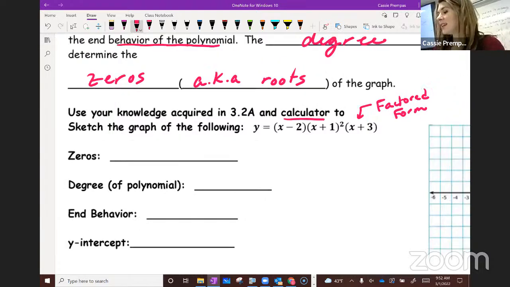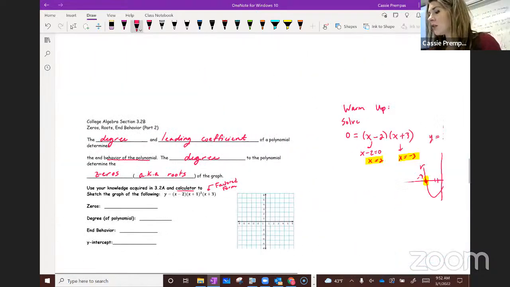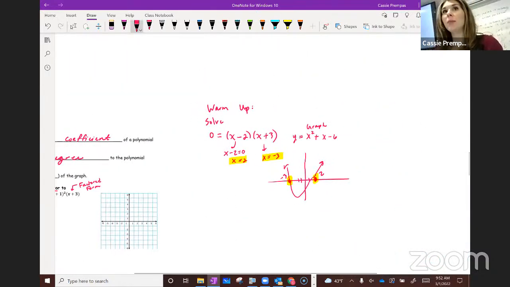So basically, if we were going back to that warm-up question, Jake gave me the equation in standard form. That's really what we want to think about when we're looking at what's the degree of the polynomial. I gave you the equation in factored form. When it's in factored form, it's easier to solve for the zeros. So that's something important to make note of.